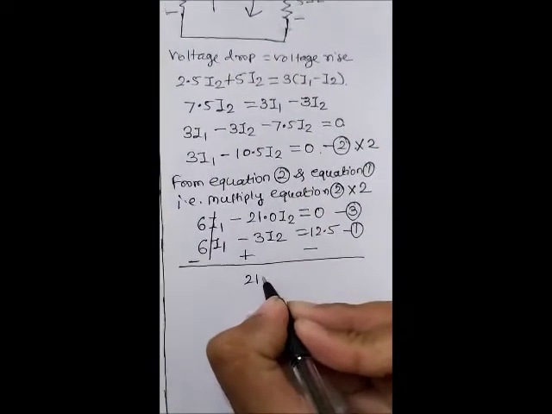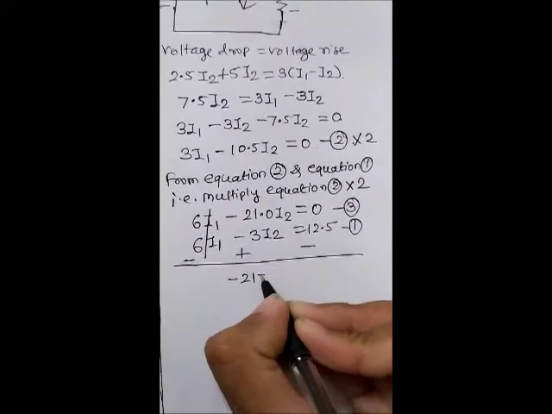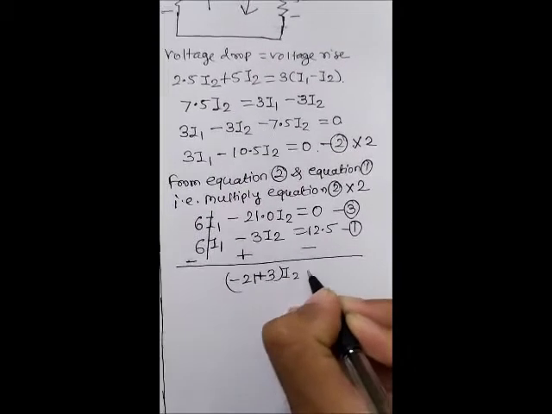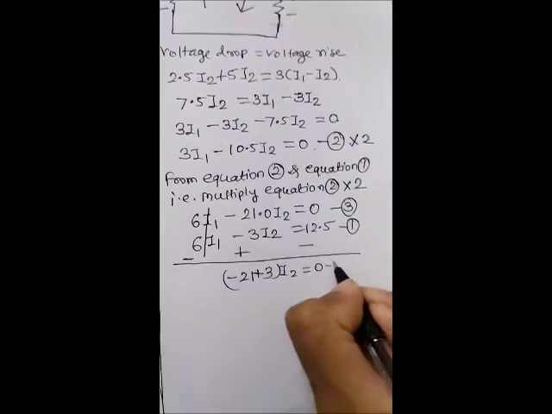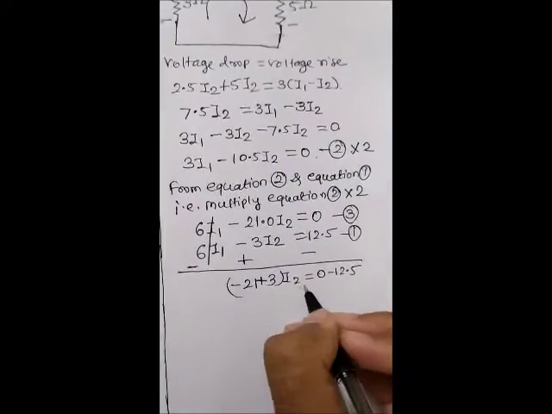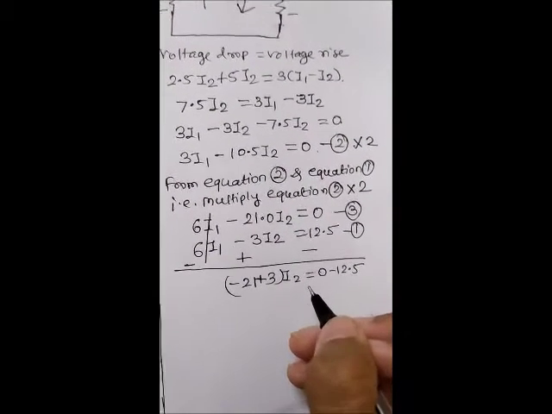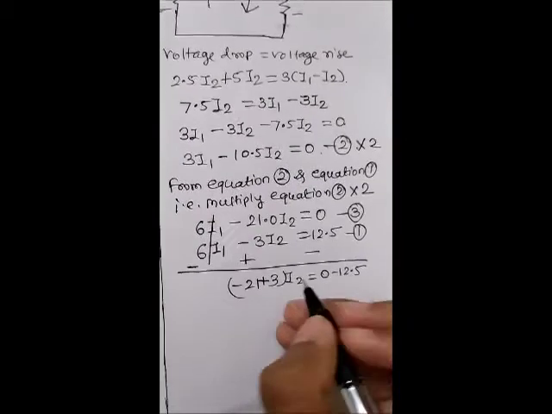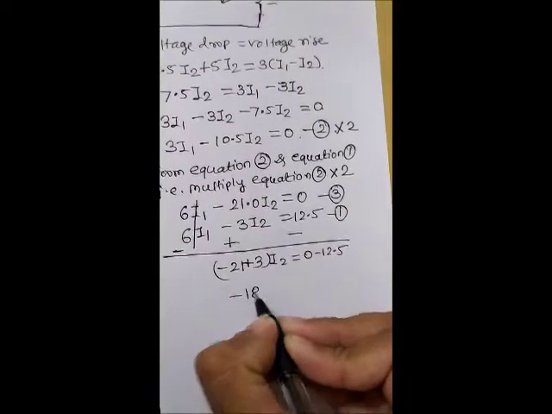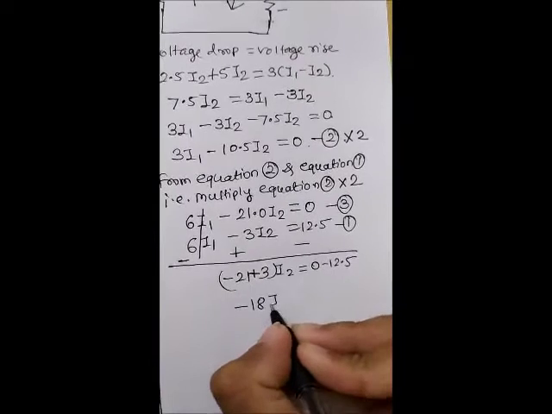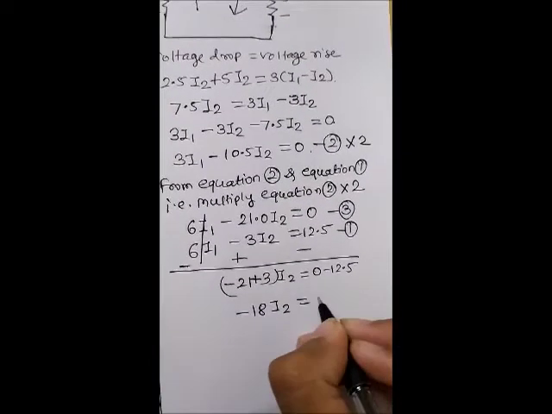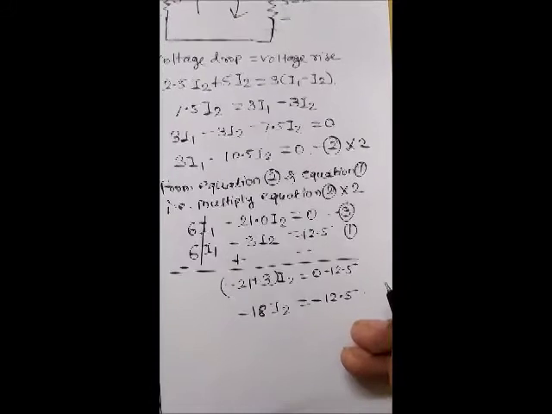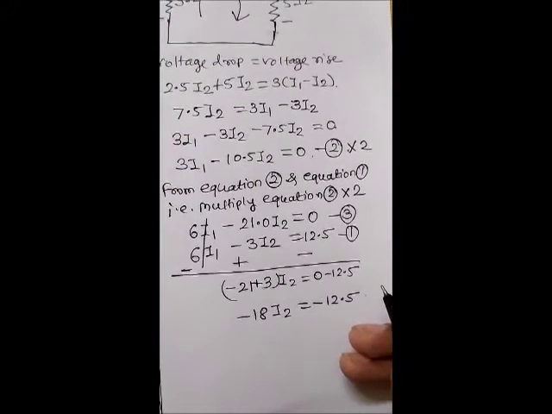This is minus 21 I2 plus 3 I2 is equal to 0 minus 12.5. Minus 21 plus 3 becomes minus 18 I2 is equal to minus 12.5.